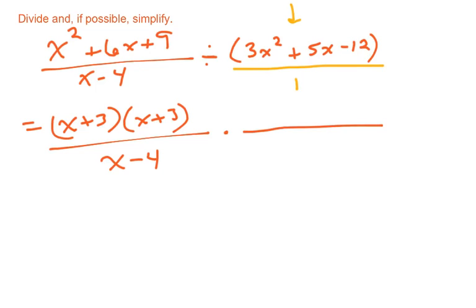Now we have to multiply by the reciprocal. For the sake of room, I'm going to do this in one step. So my 1 is now in the numerator, but now I have to factor this numerator. Well, we see that the coefficient is something other than 1, so it's going to be 3x and x, and now we have to explore what to fill in. We have to get a 12 as our product. So if we do, let's say 3 and 4, that's going to give us a 3 and a 12, which isn't going to work.